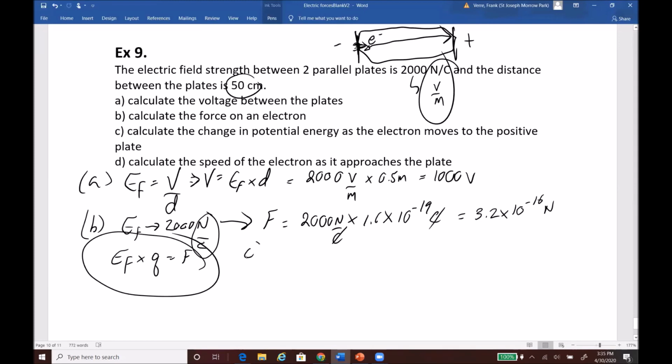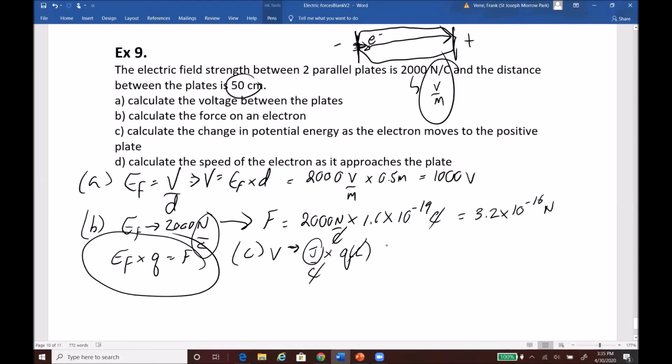Okay, so look at C. We're going to look at the change in potential energy. So we can go back to voltage. We know voltage is joules per coulomb, right? So again, we can look at something and derive the equation. If I multiply that by the charge of the electron, which I know is in coulombs, then the coulombs will cancel out, and I'll be left with energy.